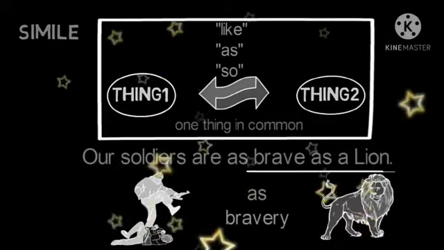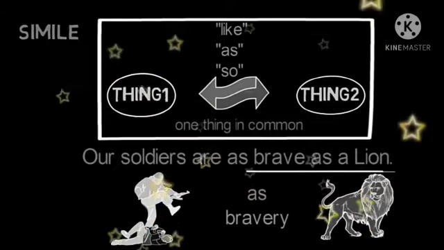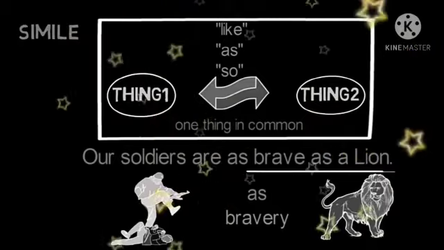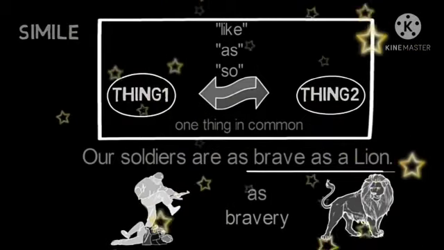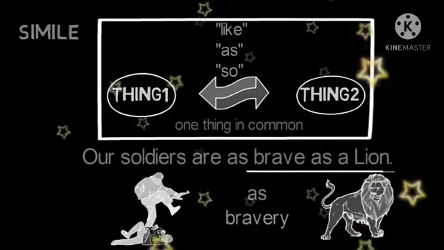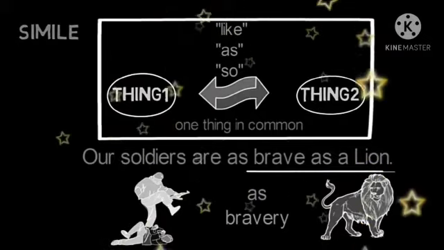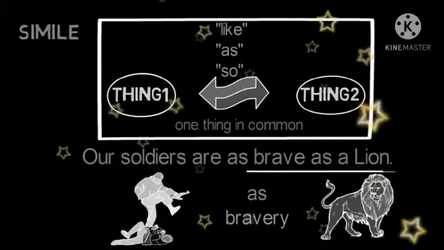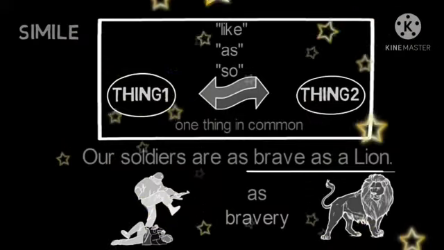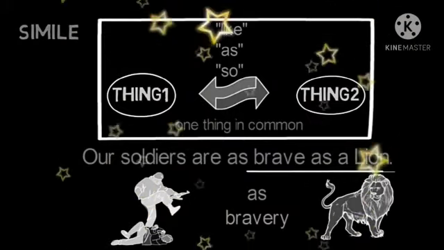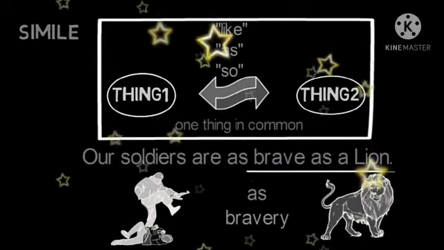So here, soldiers are compared to the lion. Here, the word as is used for the comparison. Now in this sentence, one thing is common between soldiers and lion. What is it? It is bravery.